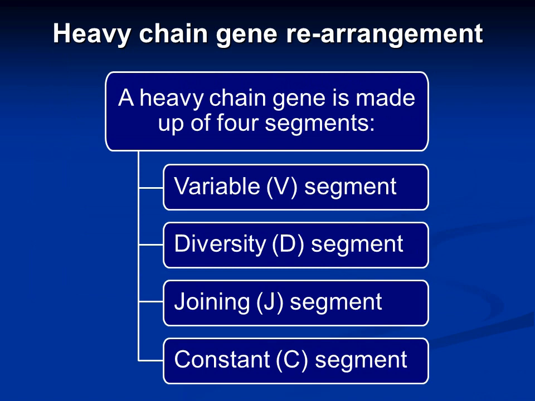When we come to the heavy chains, the gene is split into 4 segments. And these segments are variable segment or V segment, diversity segment or D segment, joining segment or J segment, and constant segment or C segment.